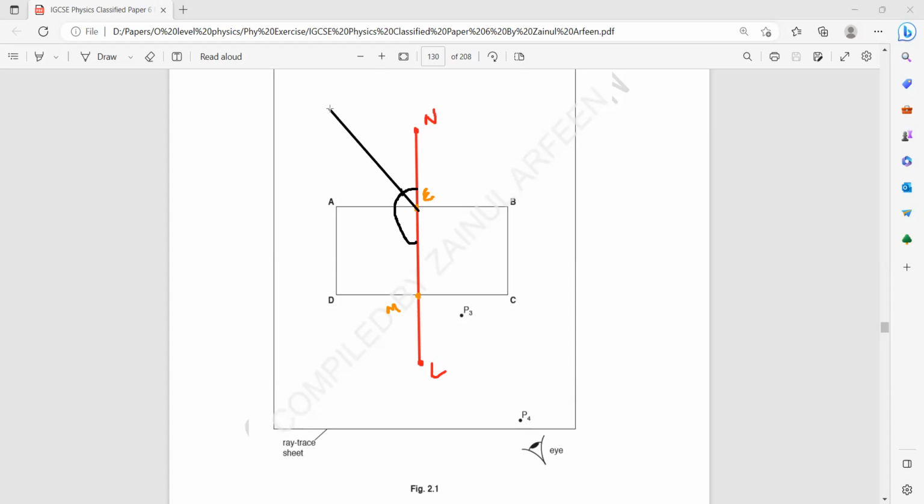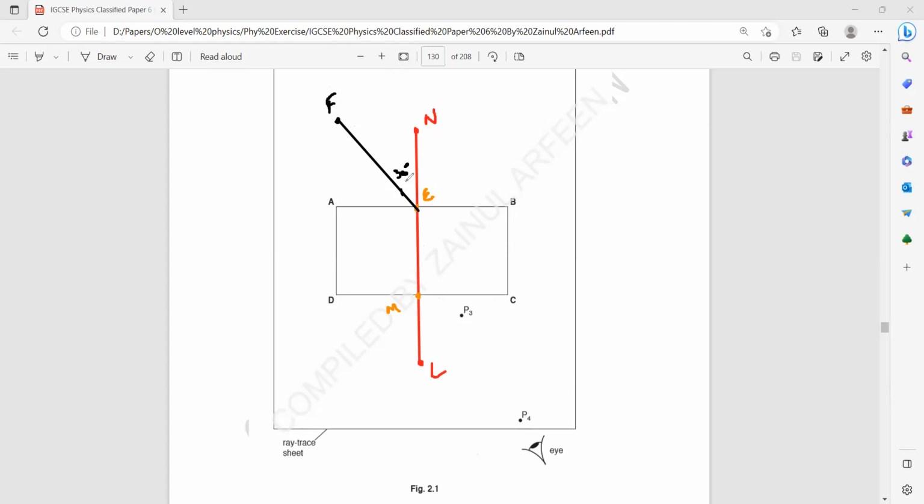They did not specify the length of the line, so you can draw any length, but the angle should be 30 degrees. You label the points as E and F: E is already there, so you draw another line at an angle of 30 degrees and mark the other point of the line as F.